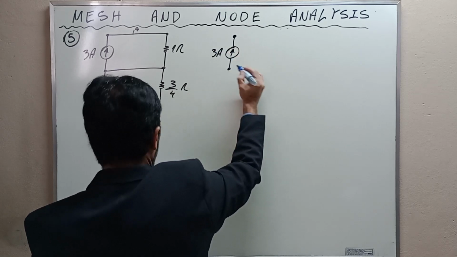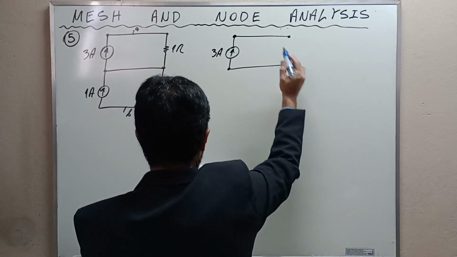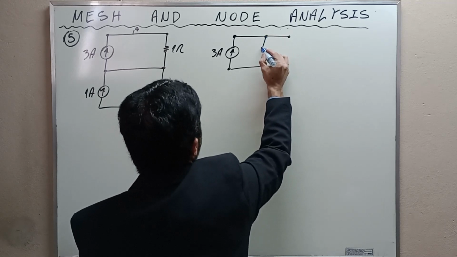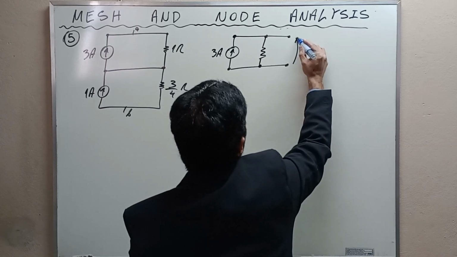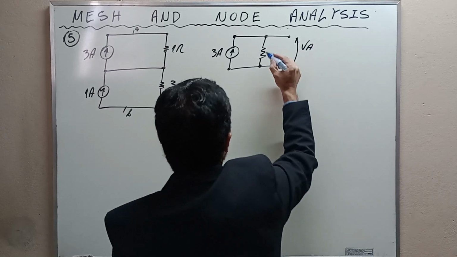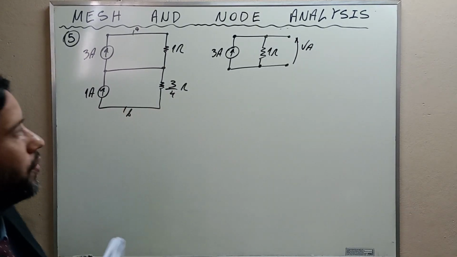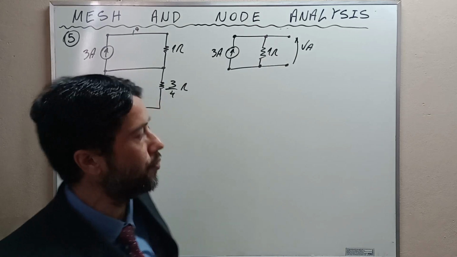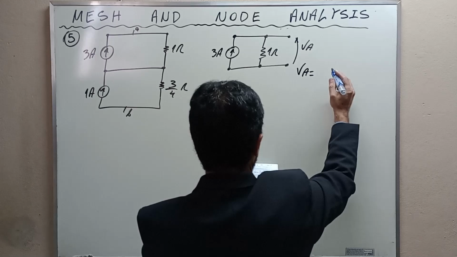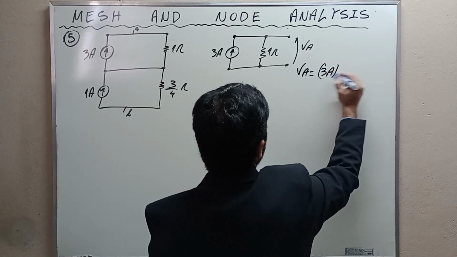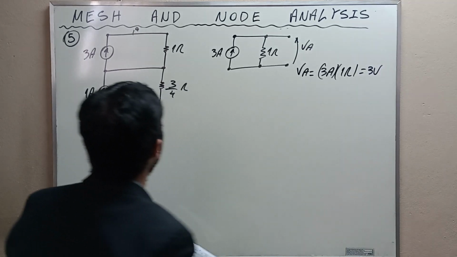Three amps. And here 1 ohm. I'm going to label the output terminals, the voltage at the output terminals VA, and VA is equal to 3 amps times 1 ohm, and this is equal to 3 volts.